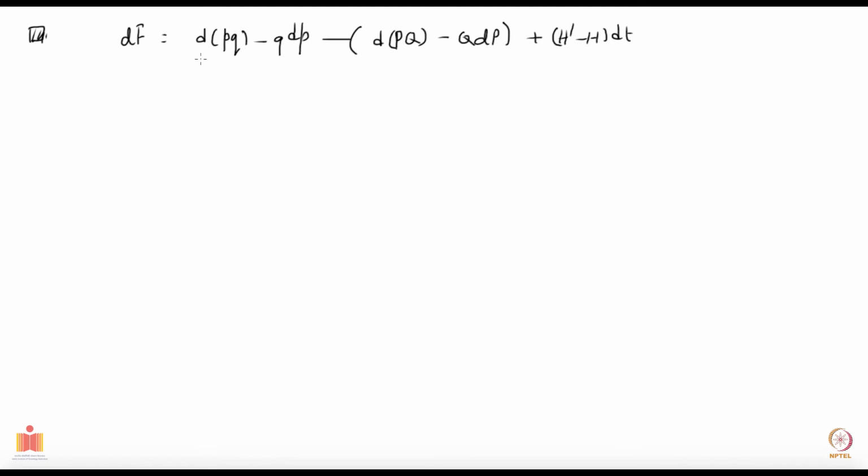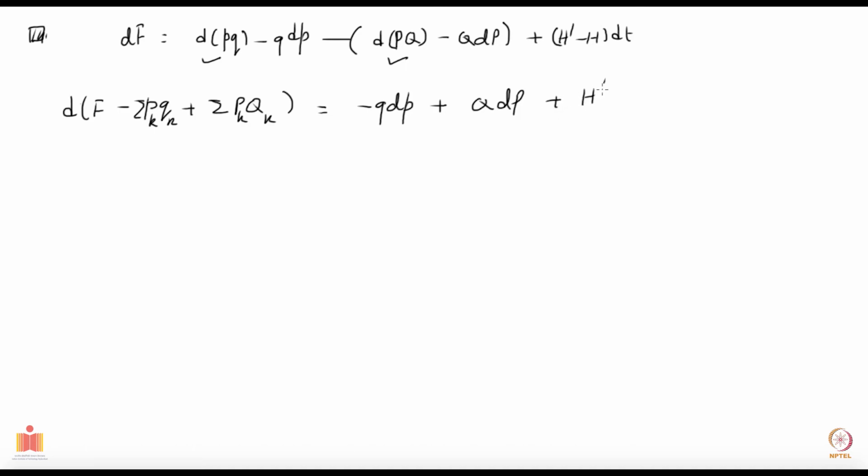So if I take these total differentials to the left and combine with f, I get d of f minus pq, with a summation over all these, plus PQ, with a summation here as well, and this is minus q dp plus capital Q dP, this term, and of course our term with the differential of time.